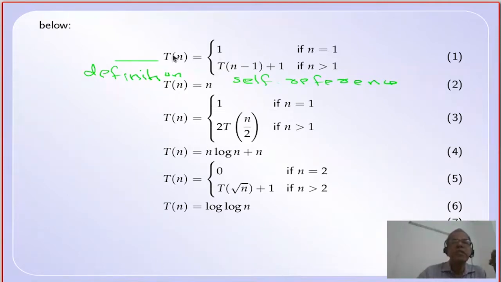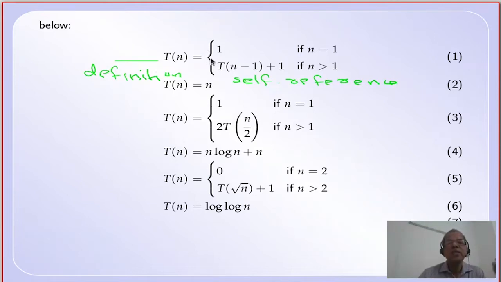T of n, T is defined, but the definition body has T itself as a reference to T itself. Such references are called self-references or recursive references. So this is an example of a recurrence relation.